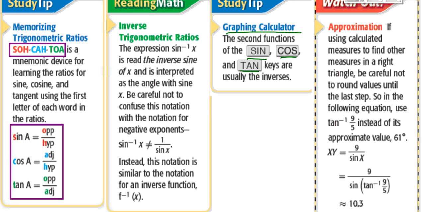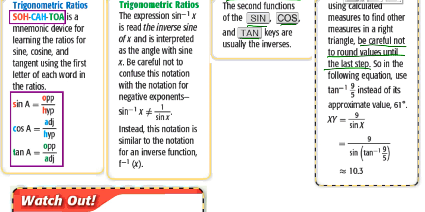And then if you use calculated measures, you have to be careful not to round until the last step. Sometimes if we round too soon, our angles won't add up to 180 degrees. They might be just a little bit off. So just be aware of that.